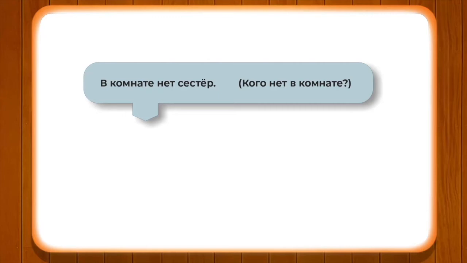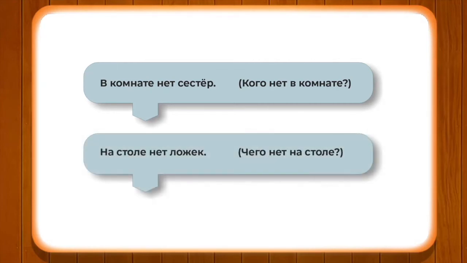The stress is on the plural form of сестра in this case, which is сестер. На столе нет ложек. Ложка, we know, the plural form is ложки, and because it is inanimate, the question would be чего нет на столе? На столе нет ложек.